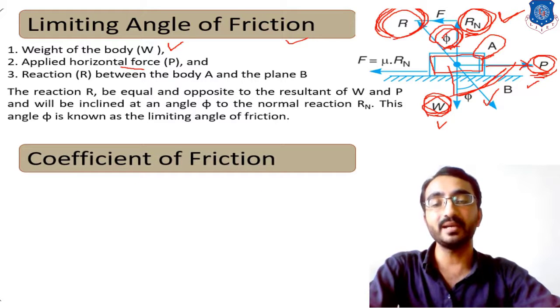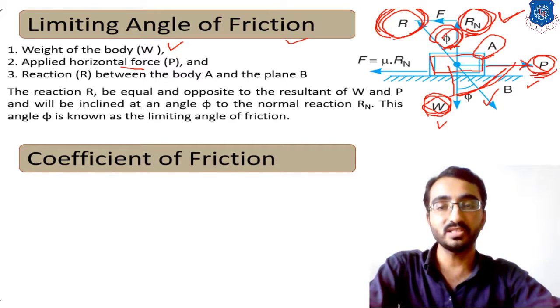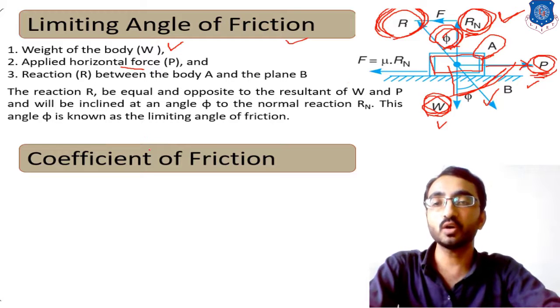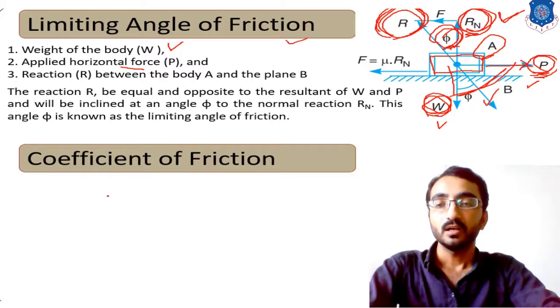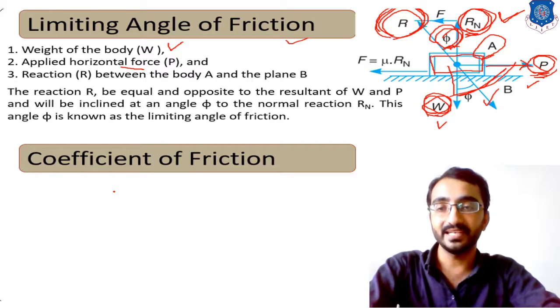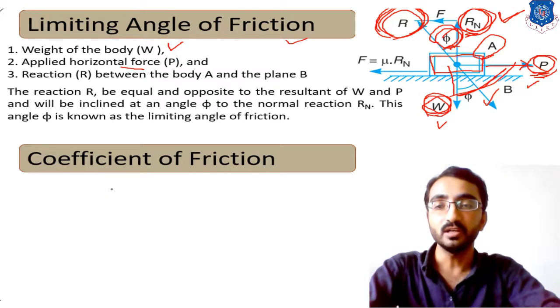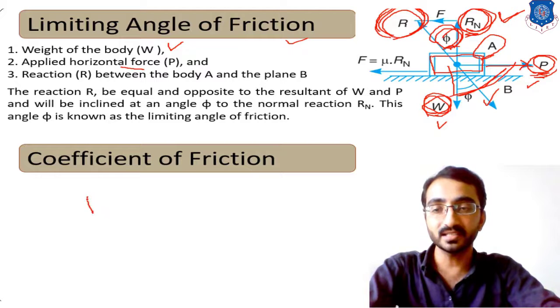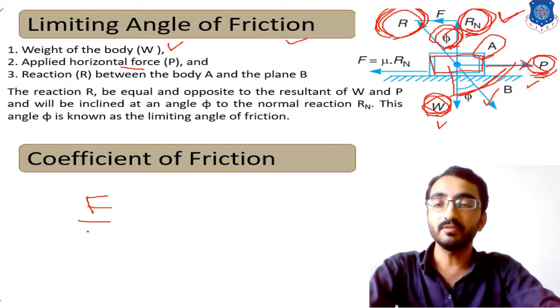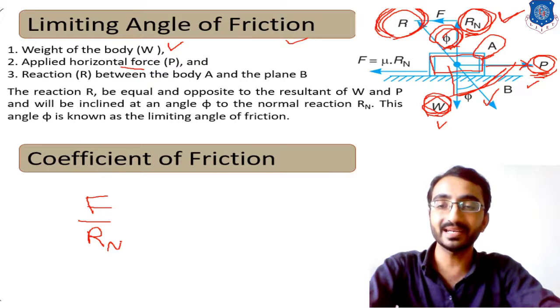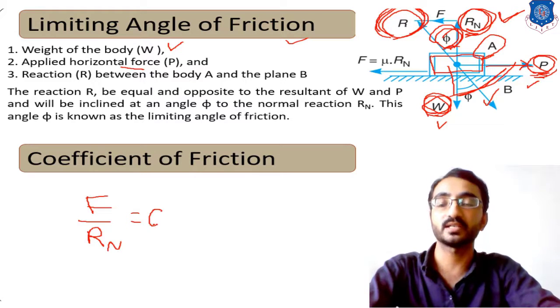From this fundamental, the second term that comes into the picture is the coefficient of friction. While studying the law of static friction and the law of dry friction, we learned that if F is the amount of limiting friction and we take the ratio of limiting friction to the normal reaction, F upon Rn, then this ratio is always constant.